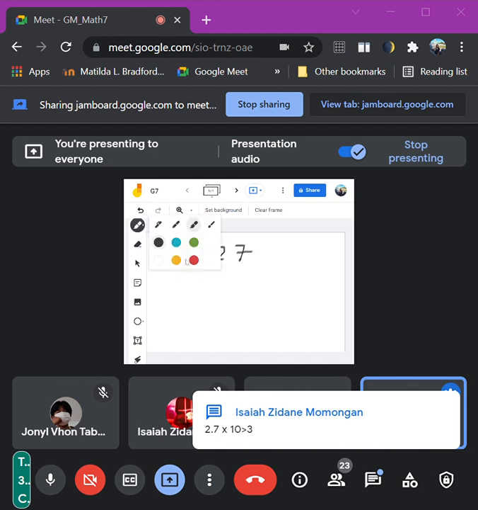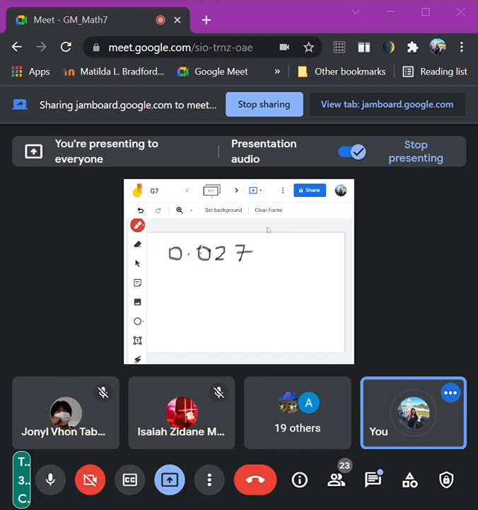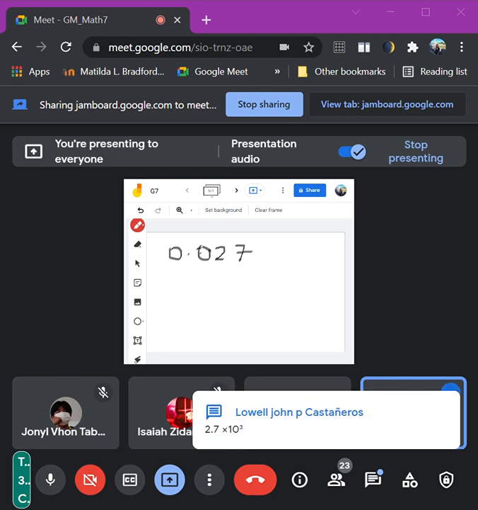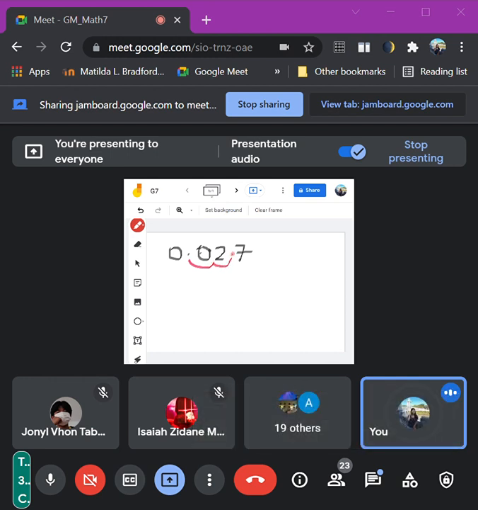Okay, let's check your answers, class. So, we have here 0.027. Our decimal point is here. And our goal is that a non-zero digit remains on its left. So, we're going to move our decimal point. We have here 1, 2. We stop here because there should be a whole number or a non-zero digit.